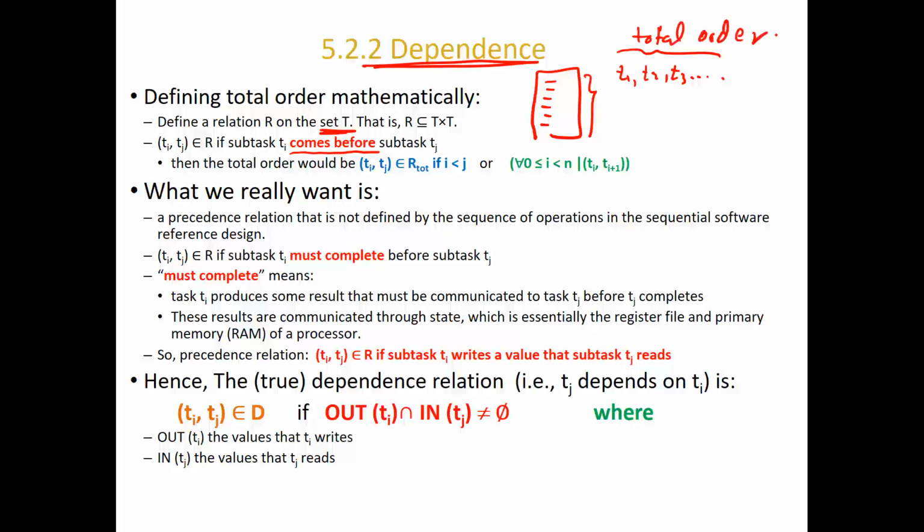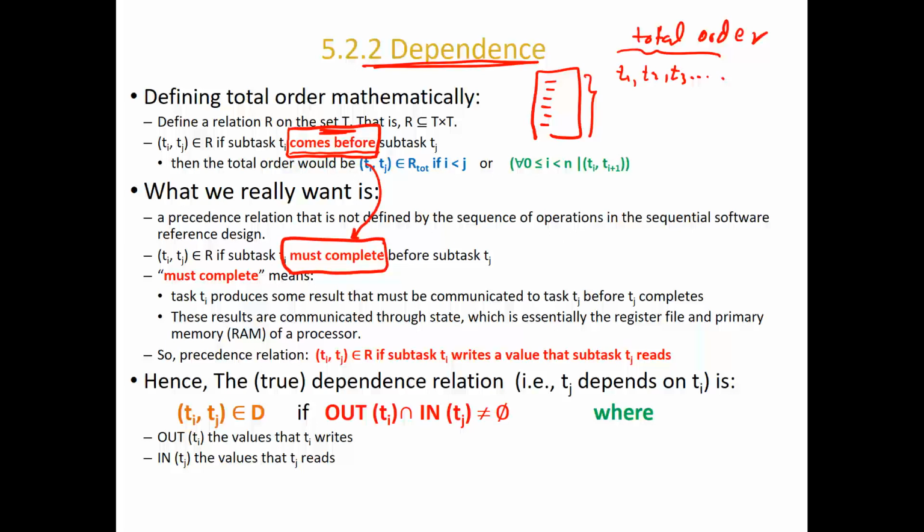But this total order is imposing unnecessary sequentiality, and I can change this relationship from "comes before" to another relationship that says "must complete before".